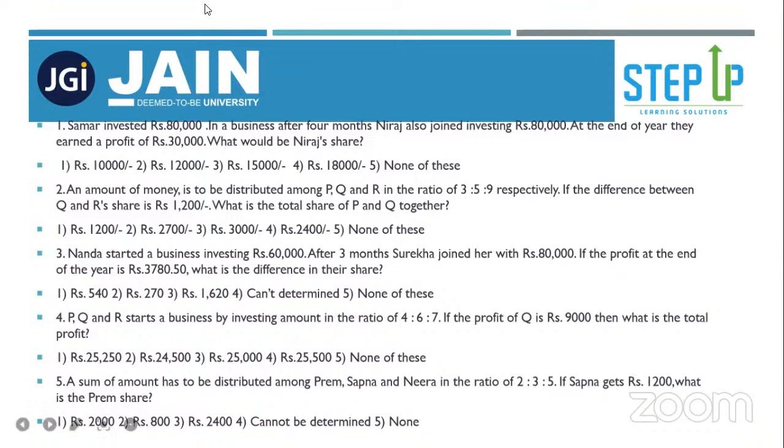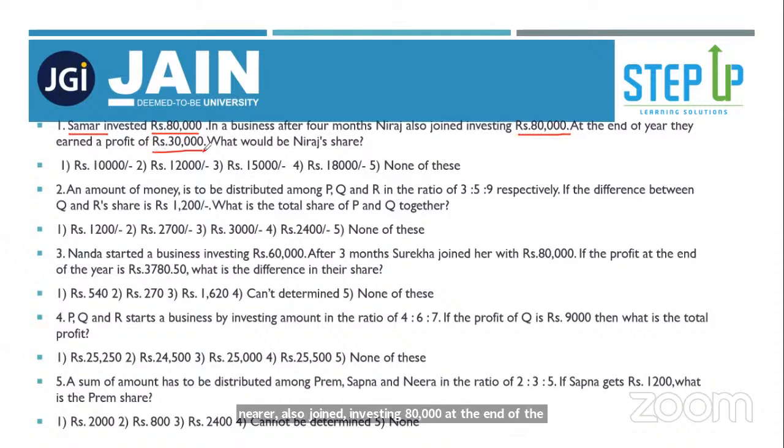So let's read along and finish the topic. So easy one. Then the next topic we can do with averages and ages. Samar invested 80,000 in a business. After 4 months, Neeraj also joined, investing 80,000. At the end of the year, they earned a profit of 30,000. So the first person, Samar, is investing 80,000. The second person, Neeraj, is also investing 80,000.